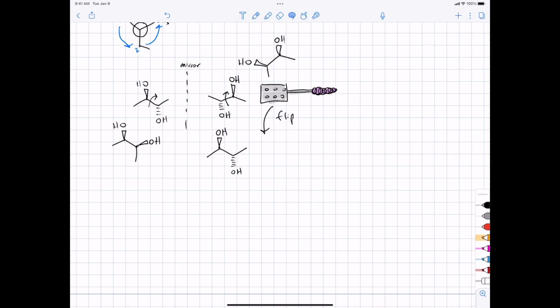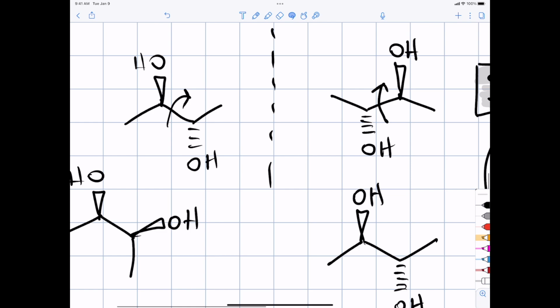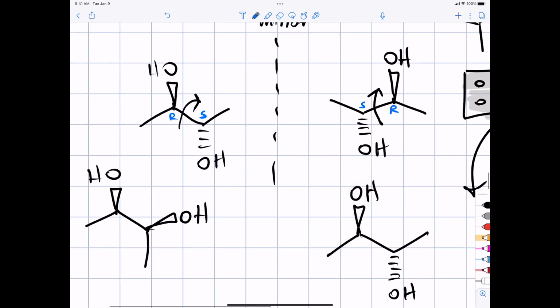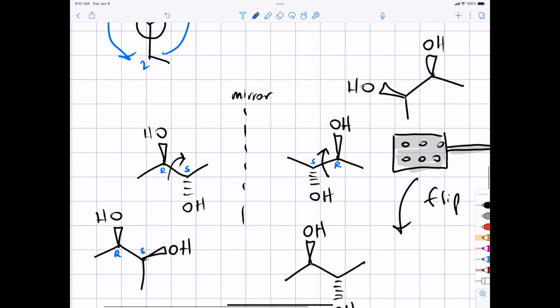Okay. So what we've demonstrated is a molecule that has stereocenters may or may not be chiral. And as we've assigned these stereocenters, we could call this one R and that one S, and then this one S and that one R. Oh, whoops, I got it exactly wrong over here.